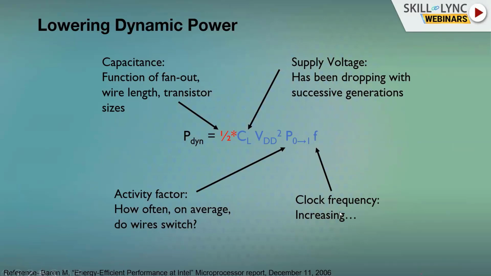We can reduce frequency, but in general in our designs we want a high running frequency. We want to do our work very quickly, and we don't want to spend more time on other things. So in the latest designs frequency is increasing, VDD is getting lowered because of technology improvements, and they are trying to control capacitance as much as possible.